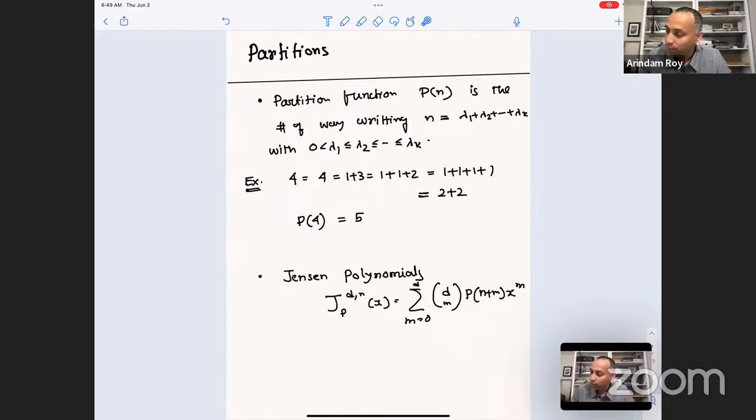We consider the same polynomial, but the coefficient will now be the partition function. And this is a Jensen polynomial with shift n. The more analytic study tries to understand many things. I'm not going to focus on all of them, but in this talk we're going to focus on the hyperbolicity of this Jensen polynomial.